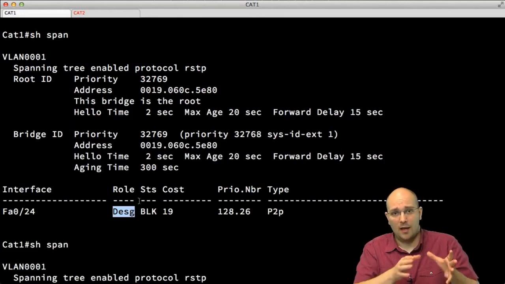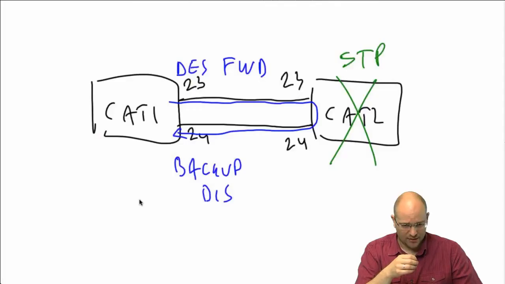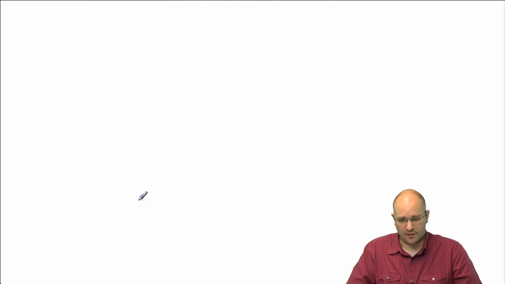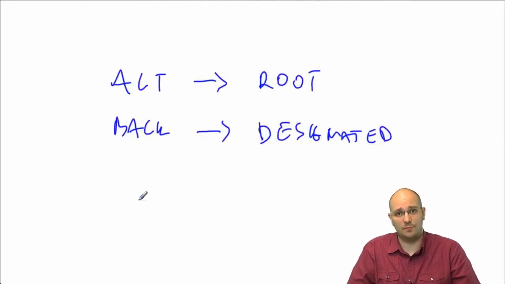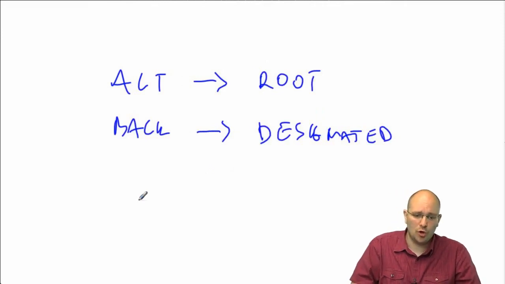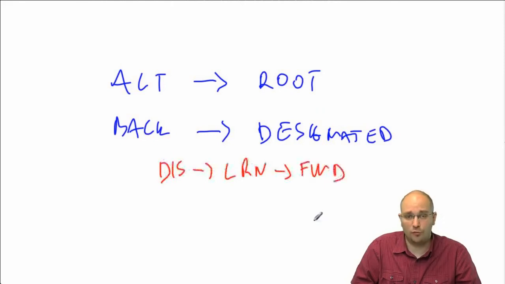Now, we can see that for the designated port, when it goes through the process of moving from backup to designated port, we have to go through the timers. So we have to go from the discarding state into the learning state, and then into forwarding state.